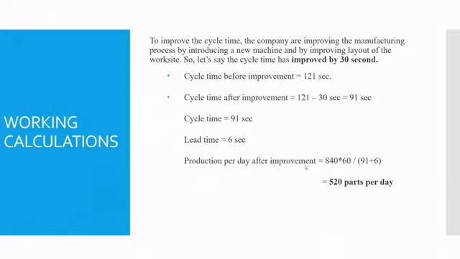Cycle time after improvement, 121 minus 30 seconds equals 91 seconds. Cycle time is 91 seconds. Lead time is 6 seconds. Production per day after improvement is 840 times 60 divided by 91 plus 6, equal to 520 parts per day.